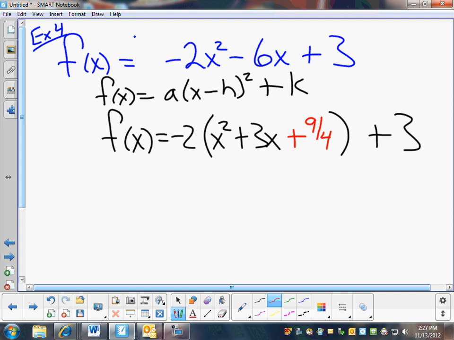Now, what's the true value of that 9/4? Negative 18/4, so negative 9/2. So what I've really done is I've subtracted 9/2 to this side, haven't I? So if I want to balance out, I should add 9/2.